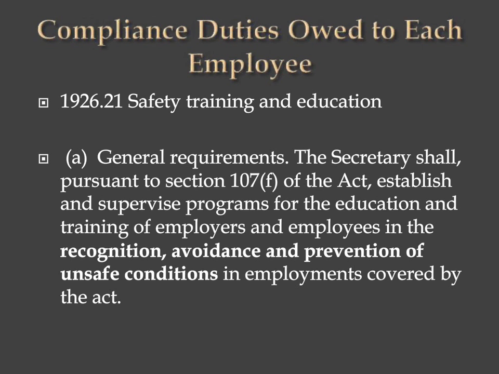They need to list the hazards, because obviously the employee can't protect himself if he doesn't know the hazards. On the other hand, if he does know the hazards and he has been trained, that helps the employer out. If he hasn't been trained, that helps the plaintiff out.